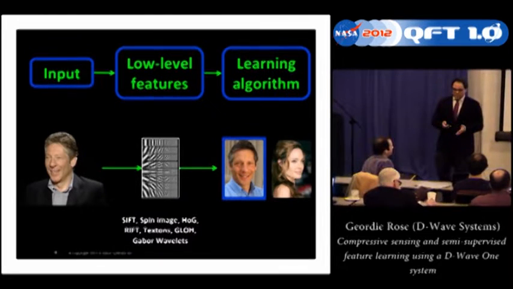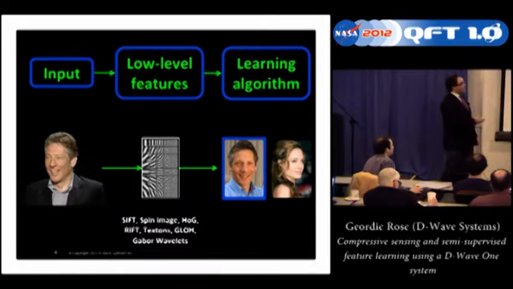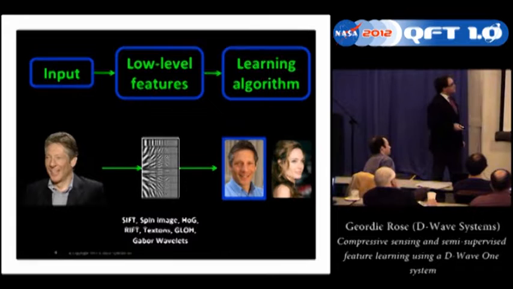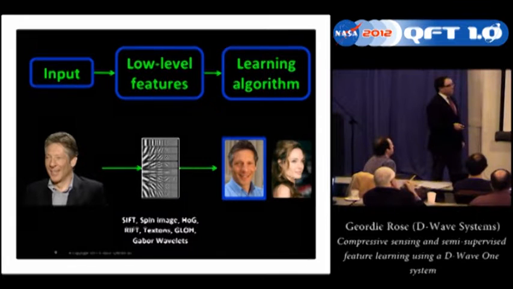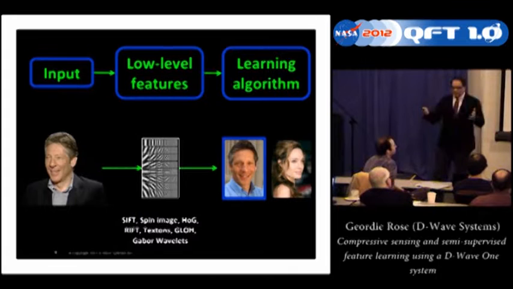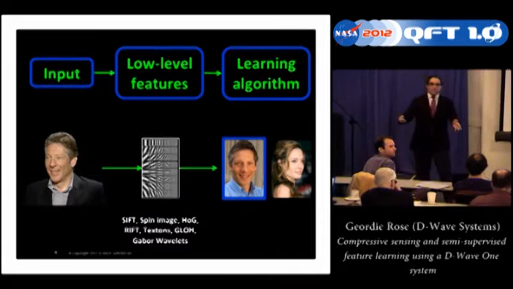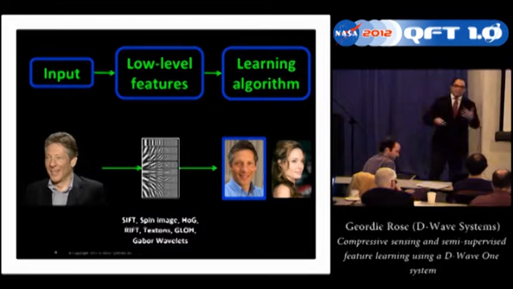These things in the machine learning community are called features. I've shown a particular type of feature here, which is called a Gabor wavelet that Hartmut uses quite a bit in his work. The idea is that when an image impinges upon the machine, what gets sent into the algorithm is not the image. It's a processed version of the image that's being sent through these little filters.